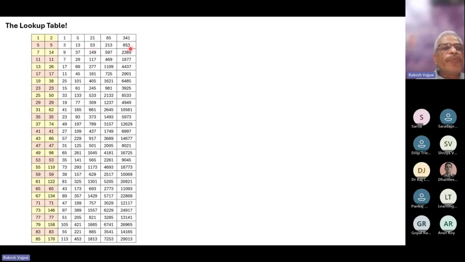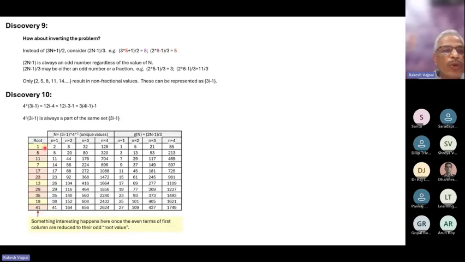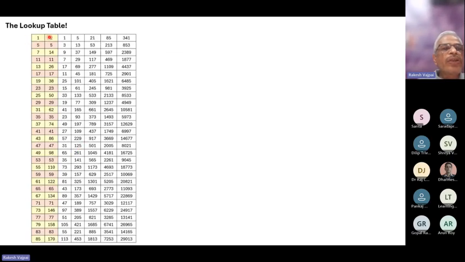Basically, in this table I have looked at the root and at the first column, and I have ignored all the others because they are not so material. So if I look at these on the left side, and then at the odd numbers here, let me say I have to look at 57 as a starting number on my 3n plus 1 problem.